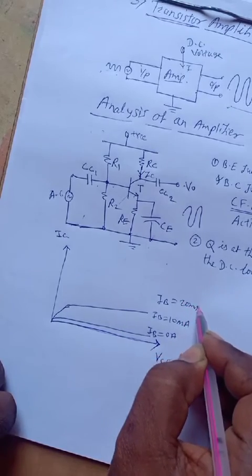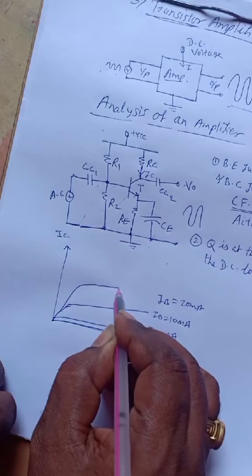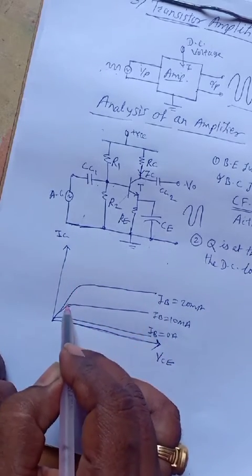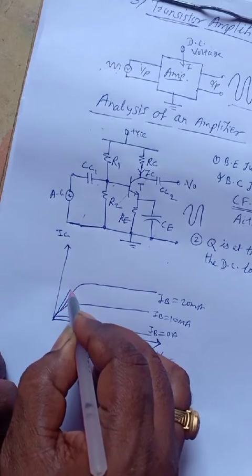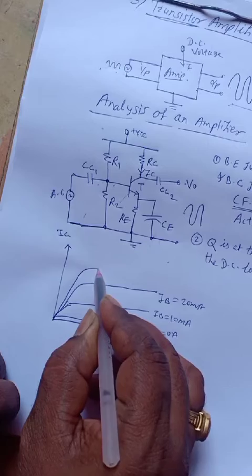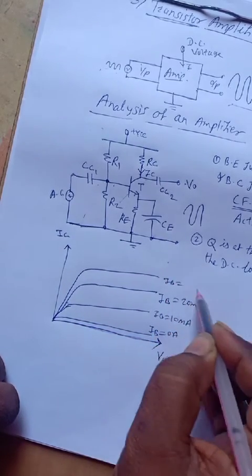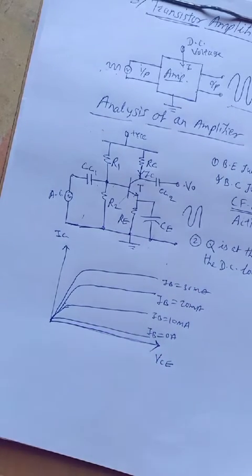So at 20 milliampere, we get such variation. It's not exactly parallel, there is a very slight increase. Then as we increase the base current IB, say 30 milliampere, there is a slight increase. Okay, so these are the characteristic curves.